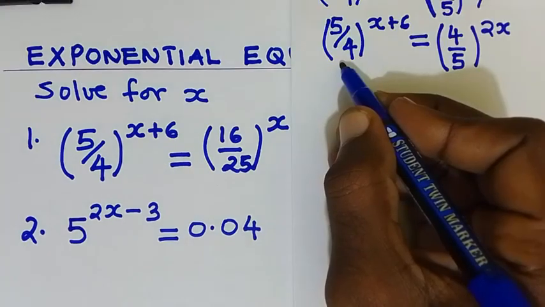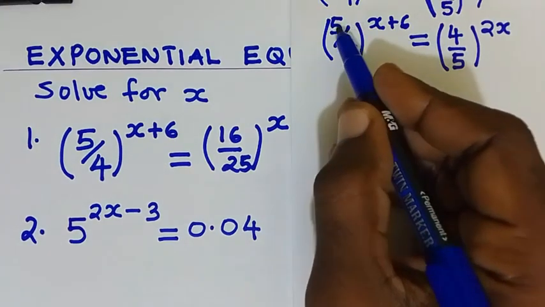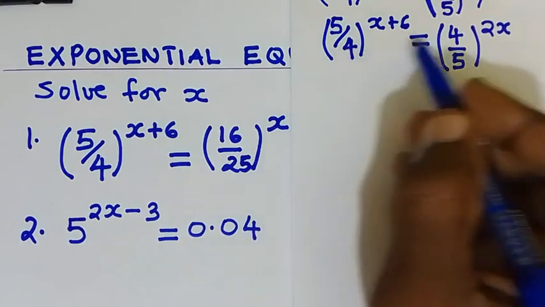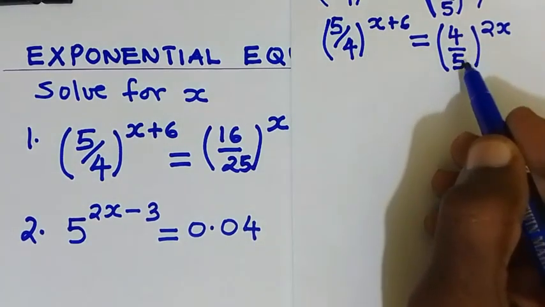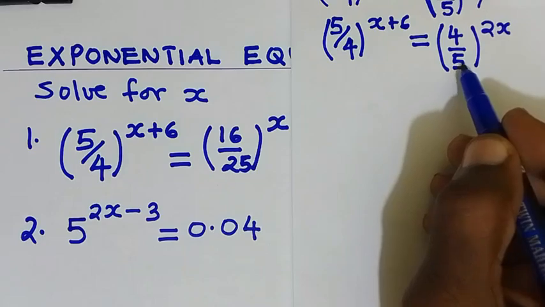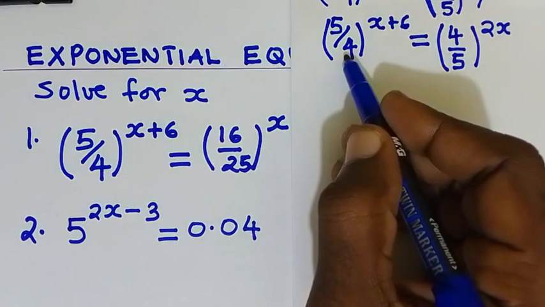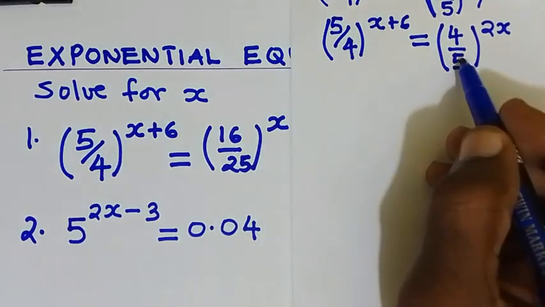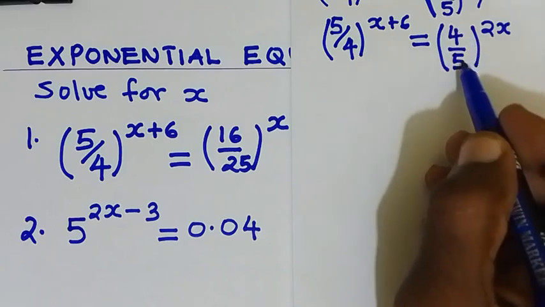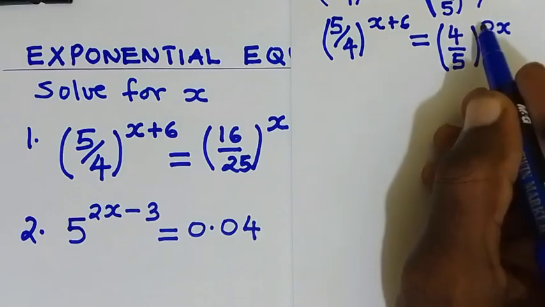As you can see at this stage, I have 5 over 4, and here I have 4 over 5. These two, I want to make them the same base. What I'm going to do, I'm going to reciprocate 4 over 5. When I do that, the effect of it is introducing negative outside.